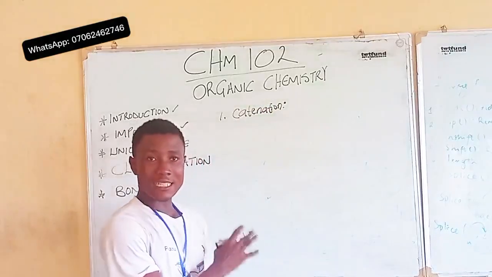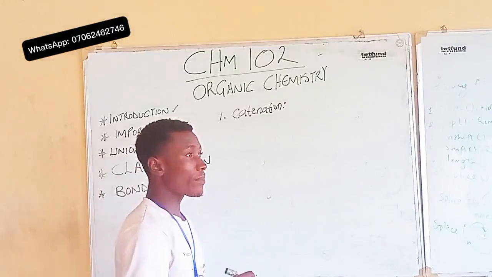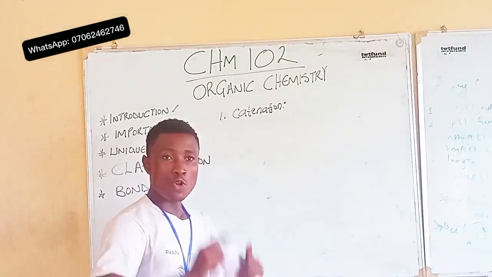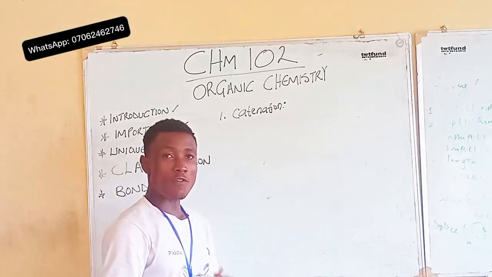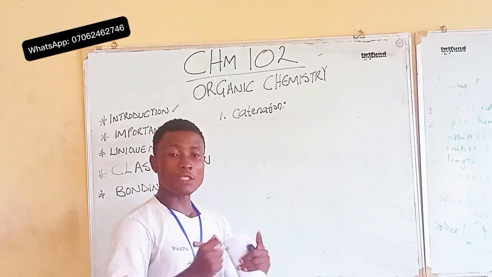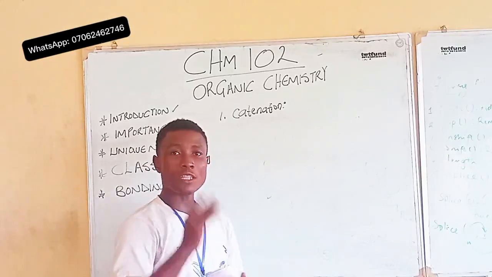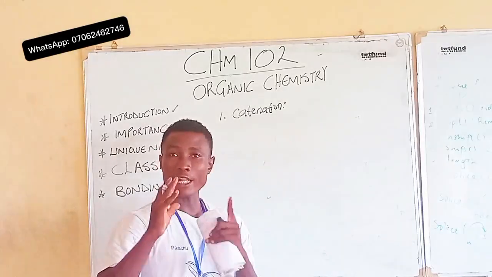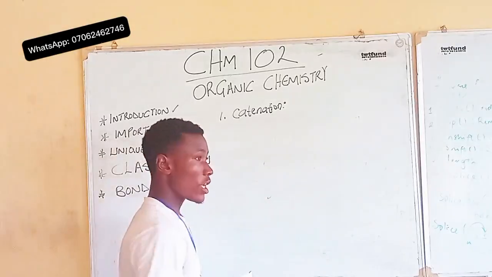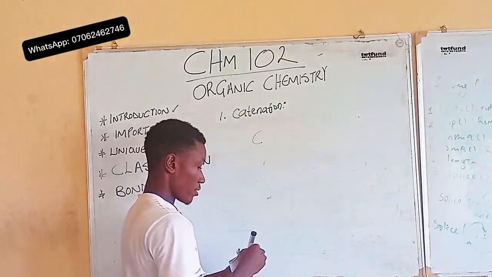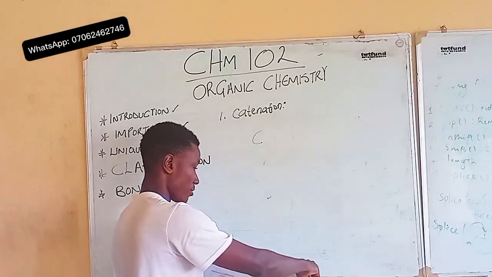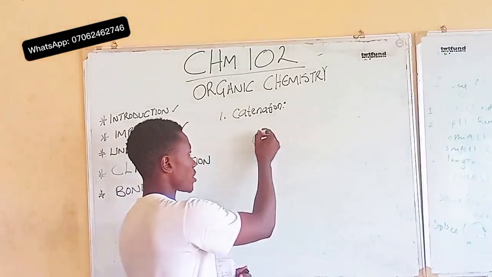Now, what is catenation? Catenation is simply the ability of carbon to form long chains. Now, this chain can either be what? A long straight chain or a long branched chain. I know you might have seen something like this. Sorry, my marker is faint. I wasn't expecting it to be this way because I just got it.